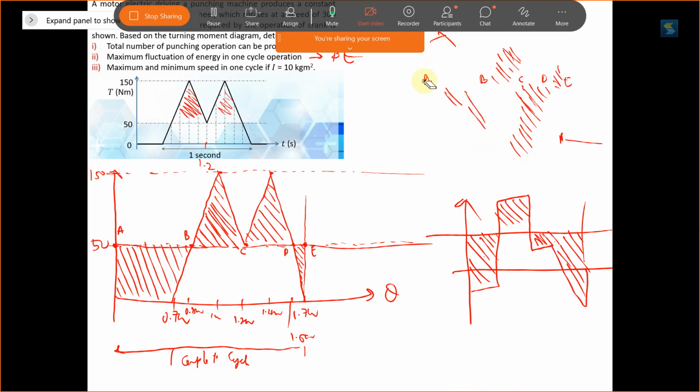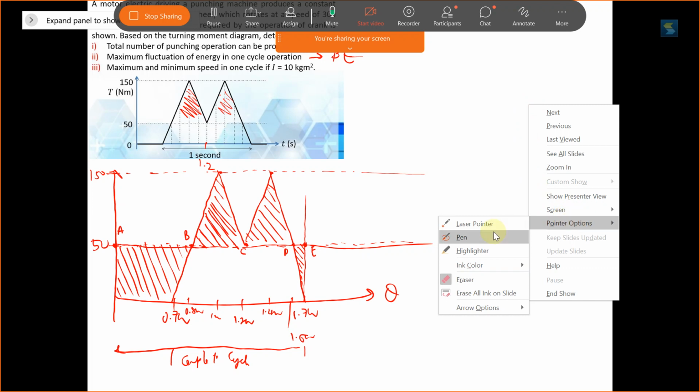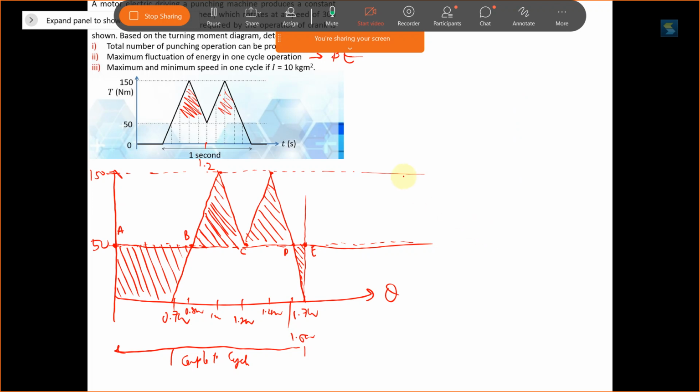Okay, so this is our superimposed graph. Okay, now we want to determine the case. Since this is tab number 2, it means at the bottom it must be positive.